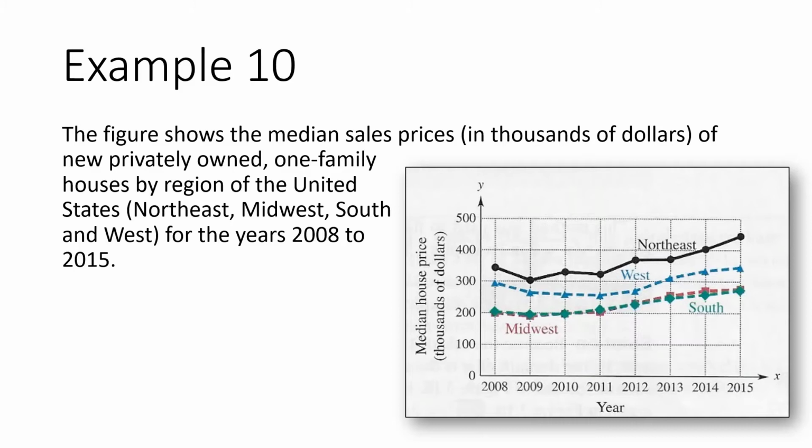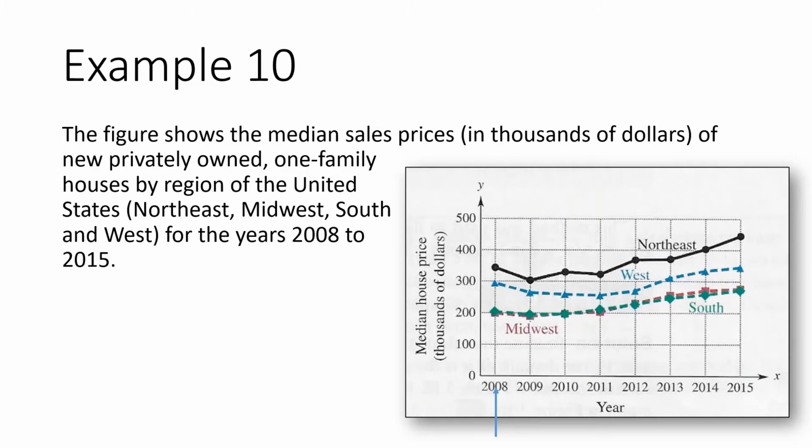Our first question is, how do prices in the West compare with those in the Midwest over the period shown in the graph? We look first at the prices in 2008. The prices of the houses in the West started out approximately $100,000 higher than those in the Midwest.